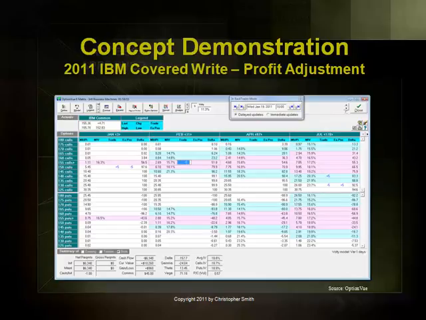So the adjustment kind of looks like this. We've got to close out our front month January strikes, and we're going to roll out and then up one strike in February. We're going to sell our deep in the money IBM 130 calls, and we're going to roll those up, same month, but a higher strike.